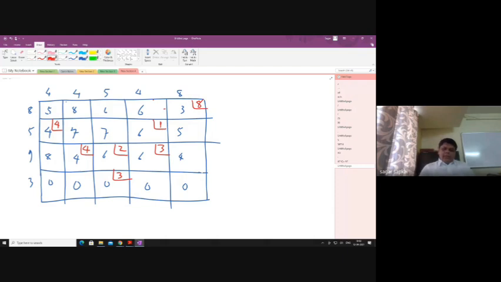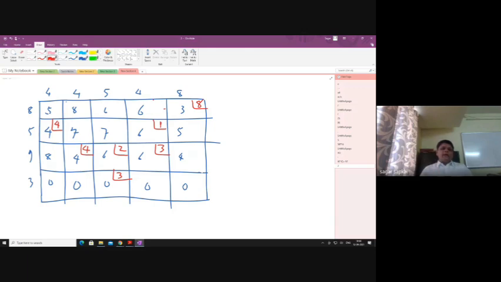Okay, so m plus n minus 1 is 8. Here 7 allocations are there. So you require one delta, and that delta is required to be put at the smallest cost value unoccupied independent cell.